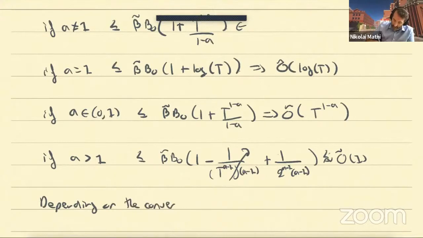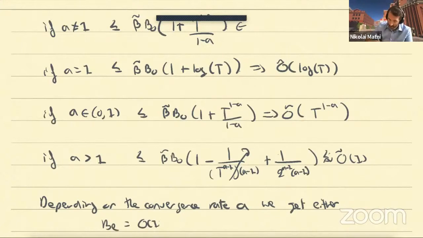rate, a, we get either BL being equal to order 1, order log t, or order t to the 1 minus a.